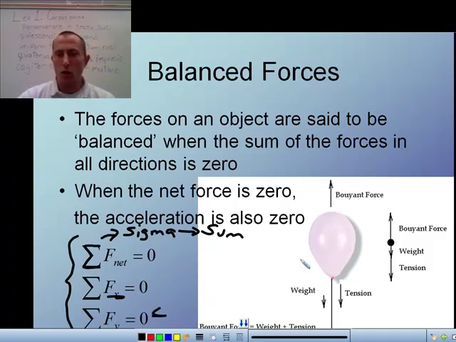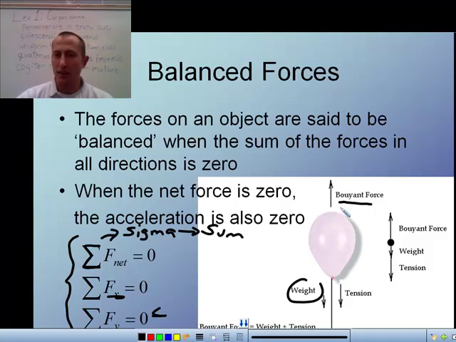Over here, our little picture of our balloon, we've got some forces acting on it. We've actually got 4. We have the weight of the balloon, which is obviously probably not very much. We also have, and you can see it's tied to a string, the force of tension in the string on the balloon. Those forces are both acting down. We also have a buoyant force on the balloon that's acting upwards.